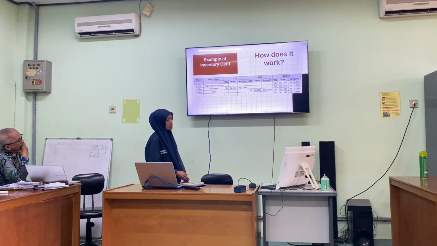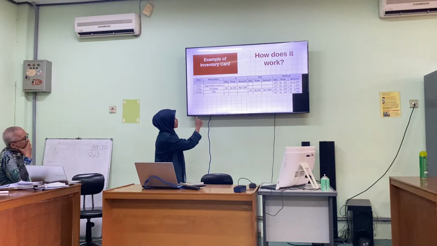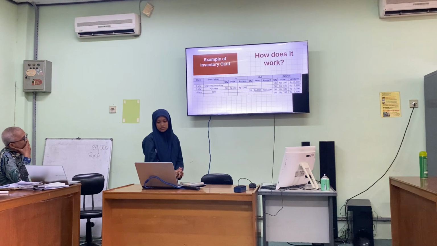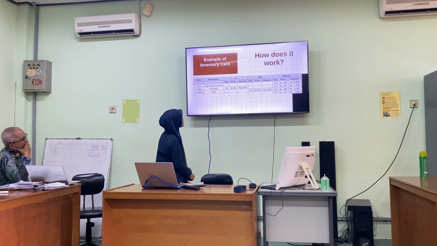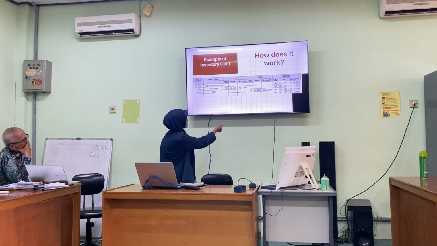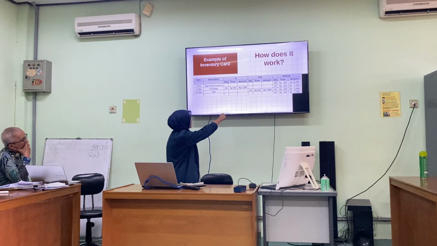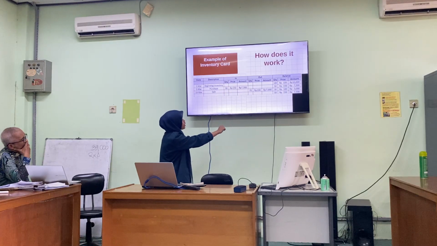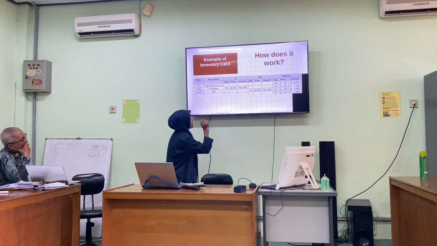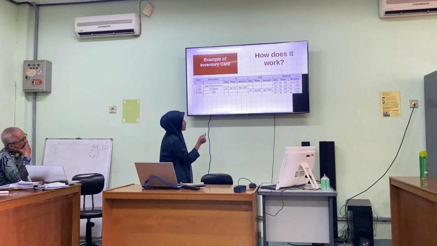This reduced inventory by 100 units. The balance is 50 units at a unit price of 150 rupiah, for a total of 7,500 rupiah.